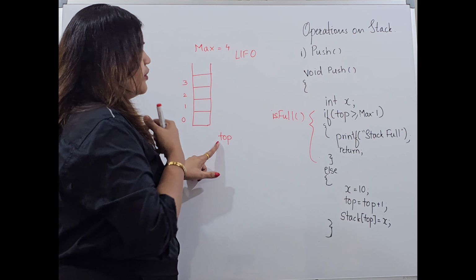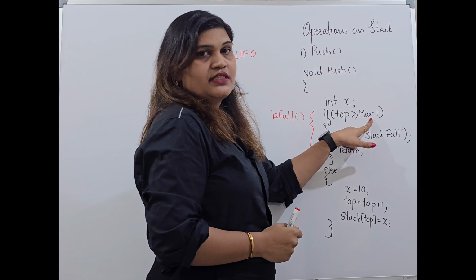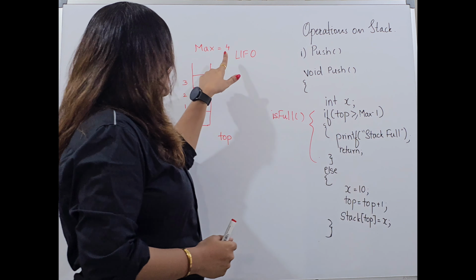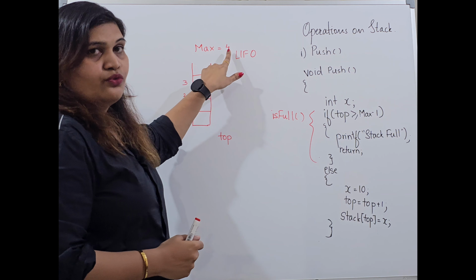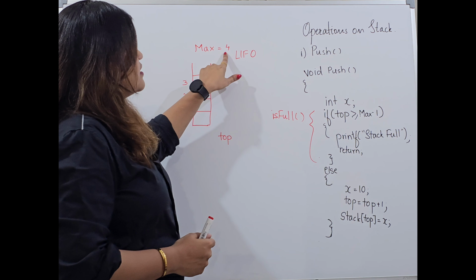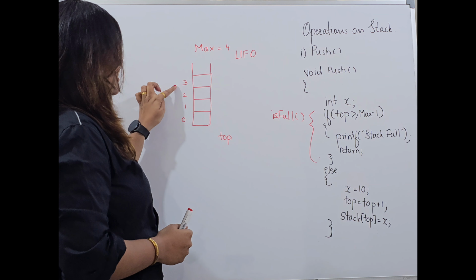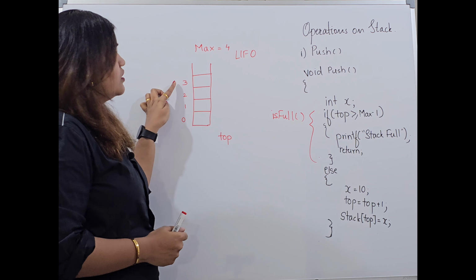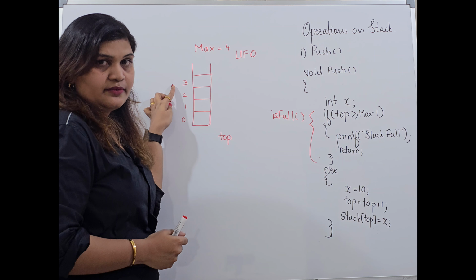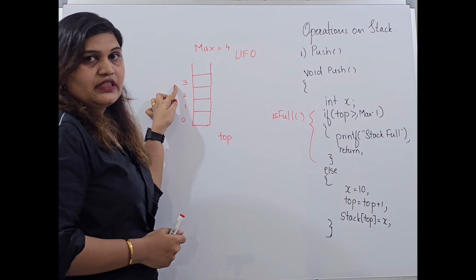Now if this top reaches the maximum element number, so what is my max? It says my max is 4. So when I say max minus 1, that is 4 minus 1, 3. As you can see, the last element is at position 3.